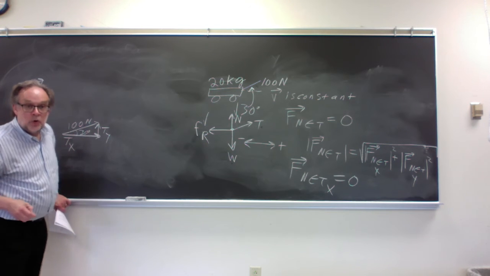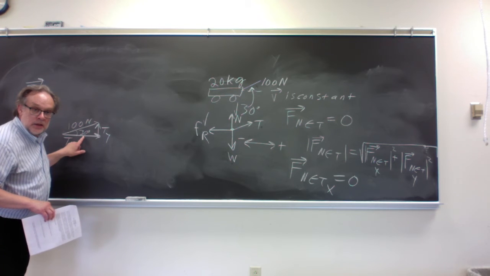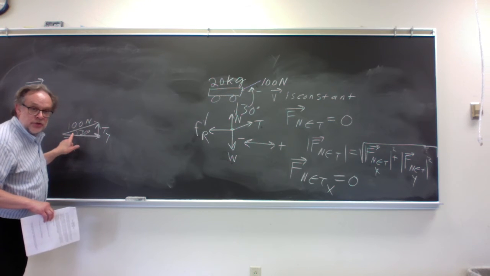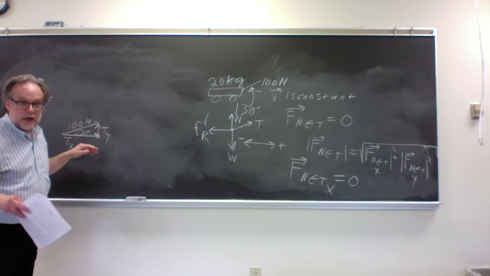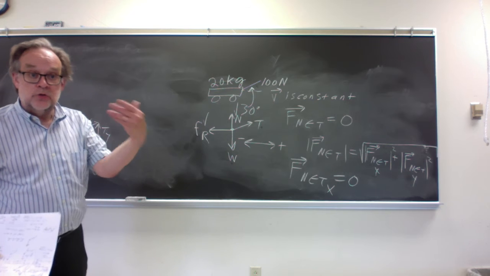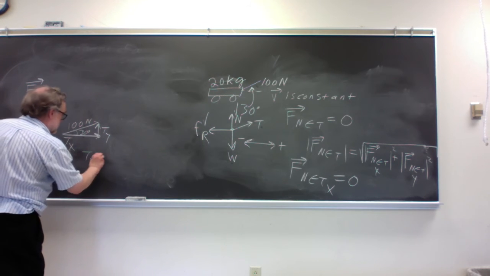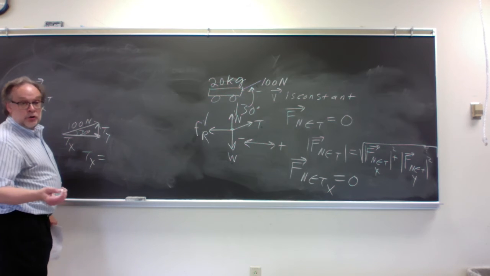what is the x component? Well, the x component is adjacent to this 30-degree angle, and whenever we're trying to calculate a triangle side that's adjacent to an angle, we use cosine. So Tx equals hypotenuse times cosine.